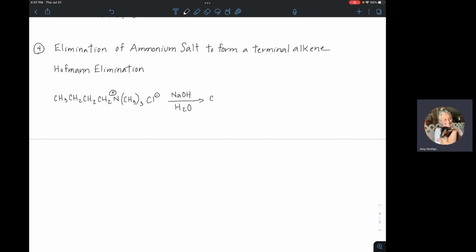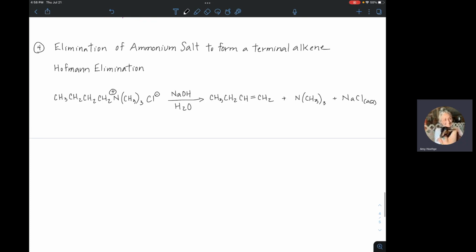And what you get is your less substituted alkene, trimethylamine, probably aqueous sodium chloride. We'll just account for the water that way.